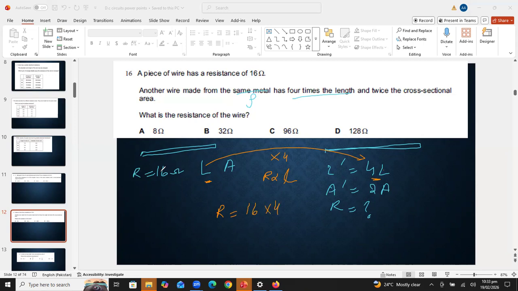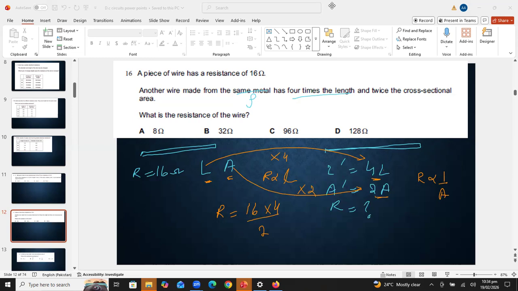Alright, but resistance does not only depend upon length, it depends upon area as well. So now you can see area is A here and in the new wire the area becomes twice. So students, resistance and area are inversely related. It means if the area is multiplied by 2, resistance will be divided by 2.